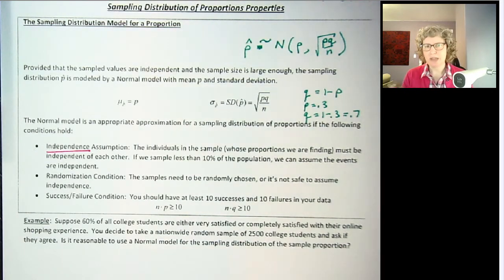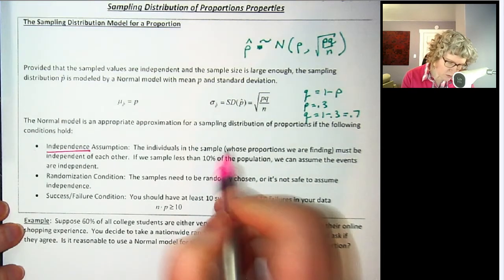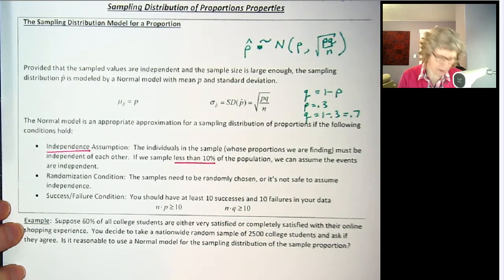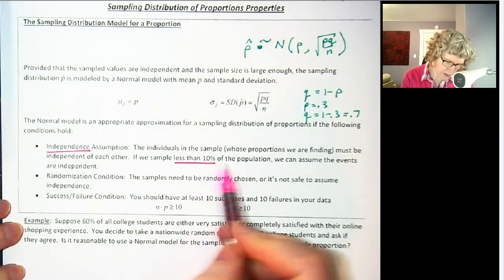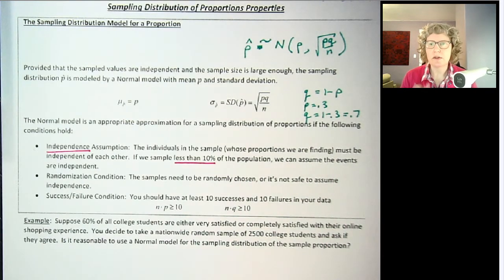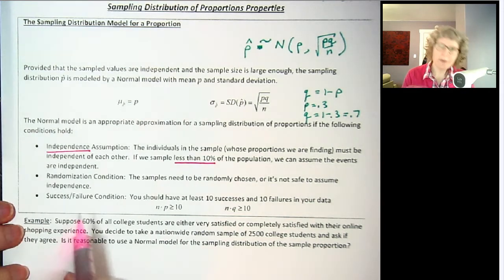If you take a random sample, they should be independent of each other. Along with that is the 10% condition, which is also part of independence. If we sample less than 10% of the population, we can assume the people are independent of each other.